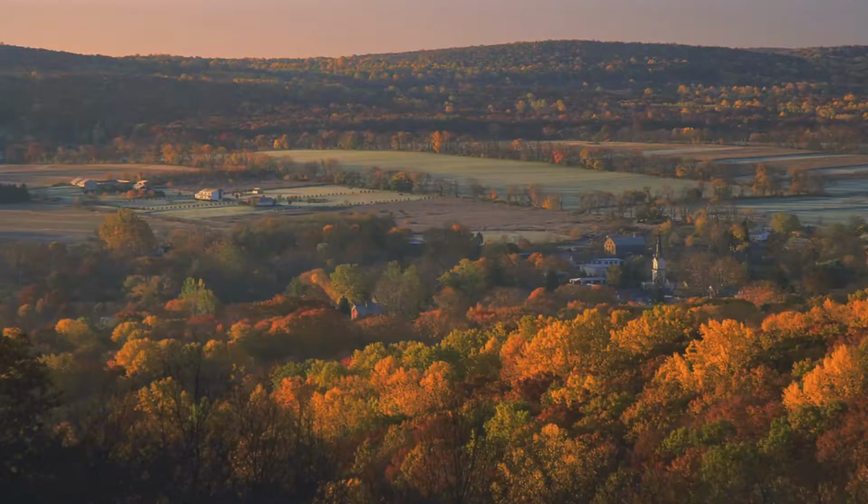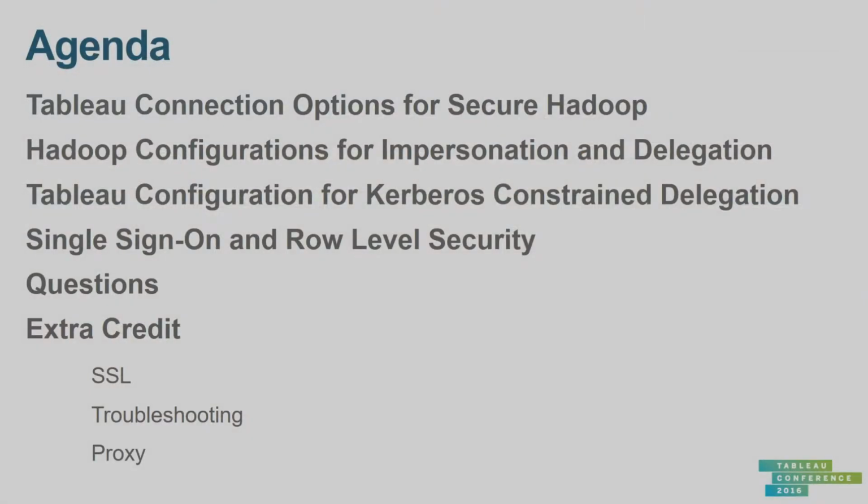But I actually live in this part of New Jersey. It's in northwest New Jersey, about 50 miles west of New York City. And around about this time of year, this is how my hometown looks. This is Morris County. This is Long Valley, Morris County, about 50 miles west. Yeah, it's a very nice area.